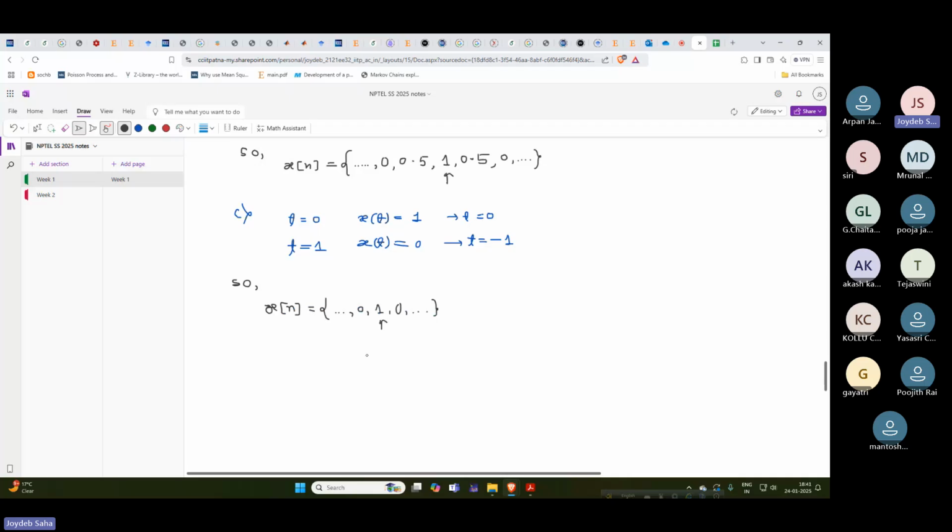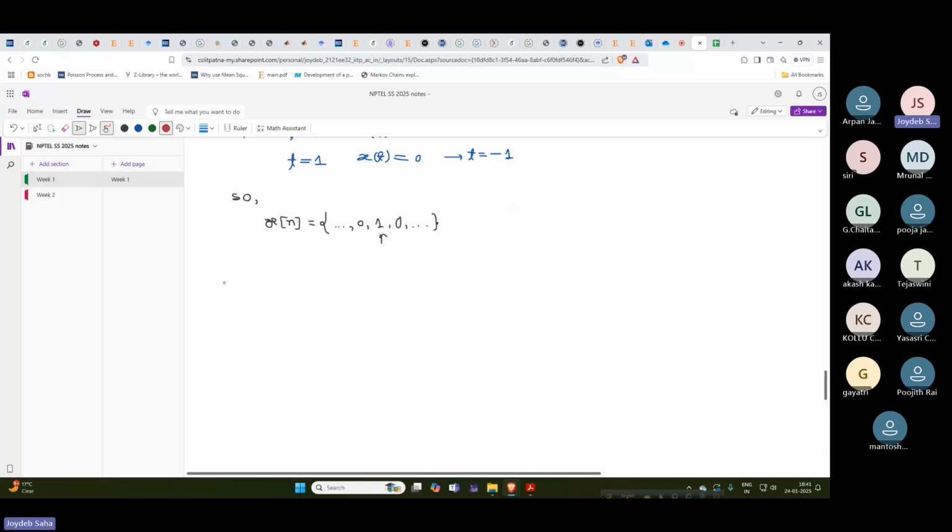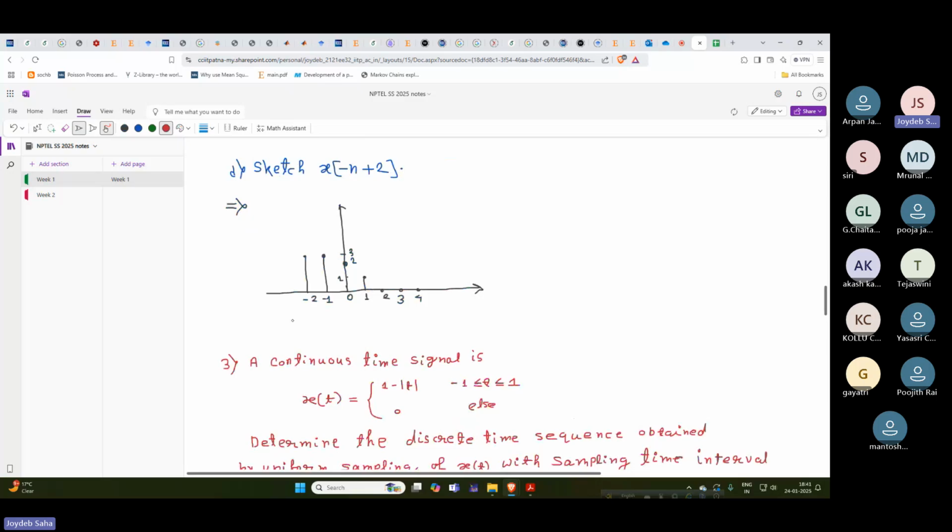Okay, this you can plot also, but if you want you can plot this. Okay, so we will go to question 4, right? Earlier was question 3.